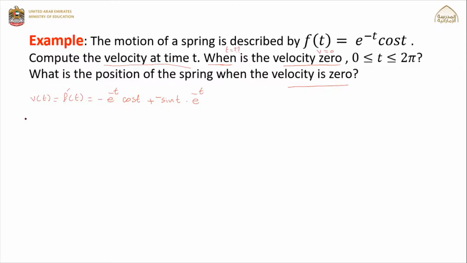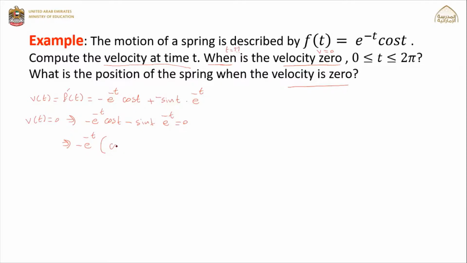When is the velocity 0? I need v of t equals 0. That means negative e to the power negative t cosine t minus sine t e to the power negative t equals 0. Now take negative e to the power negative t as a common factor.